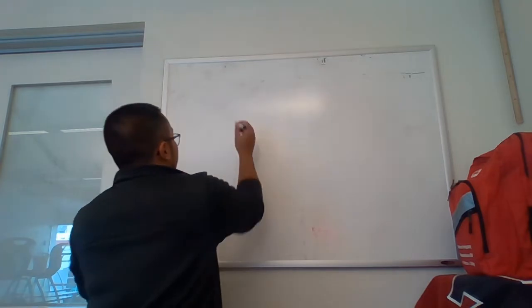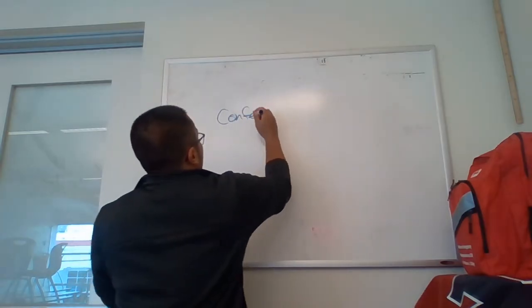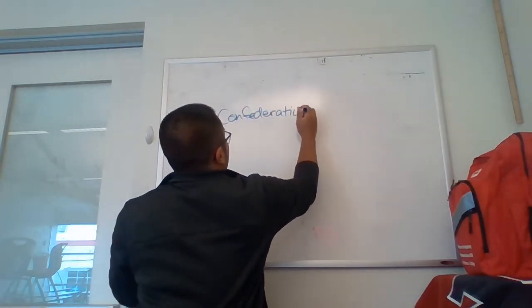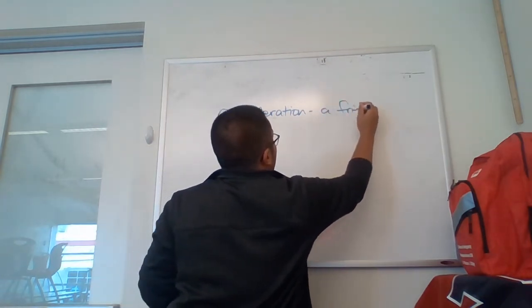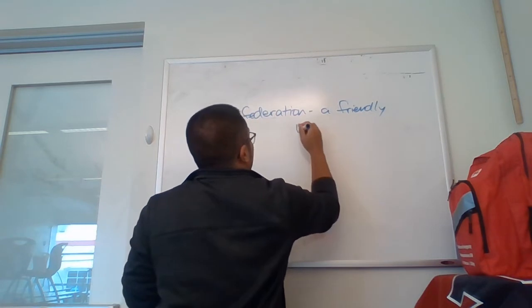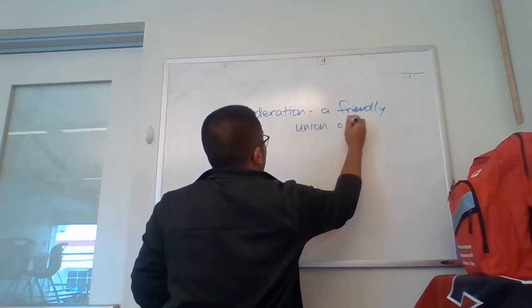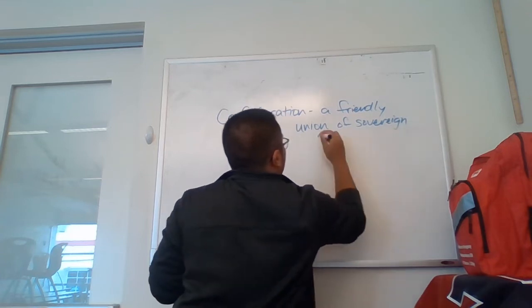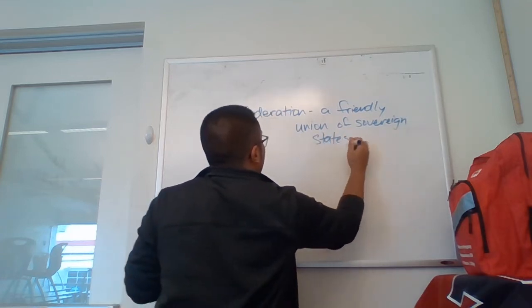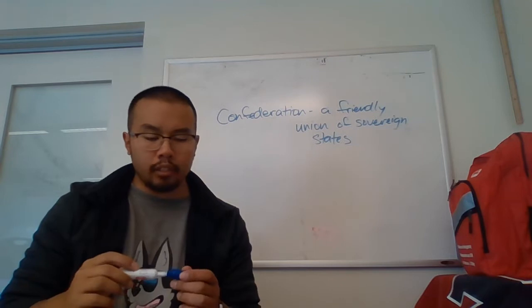The next thing you need to know is what a confederation is. If you remember from class, I'll go over it one more time. What a confederation is, is a friendly union of sovereign states, right?